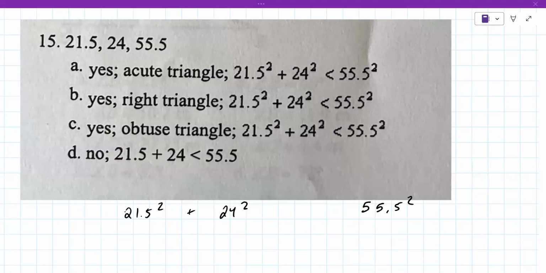It's also acute. So that would be the correct answer, but there's a huge but here.